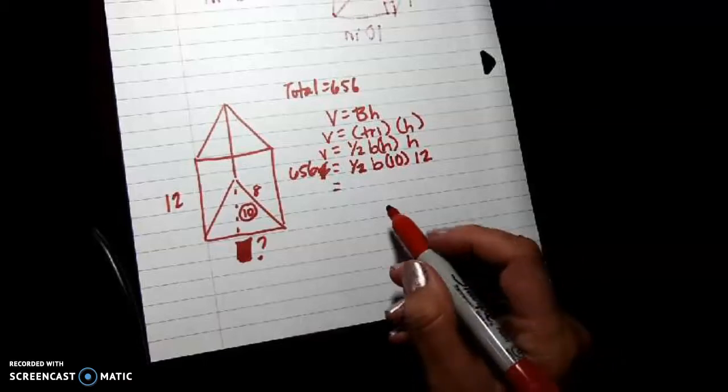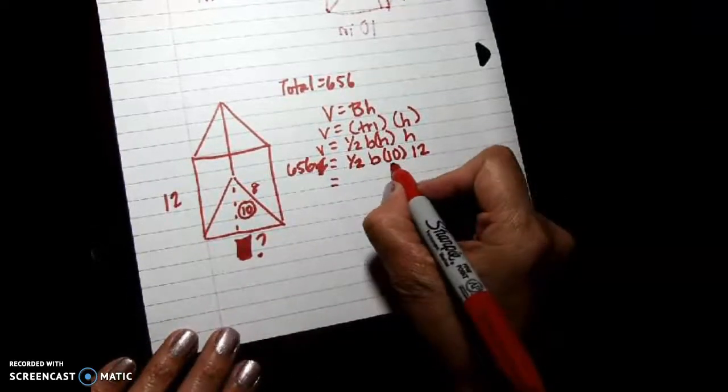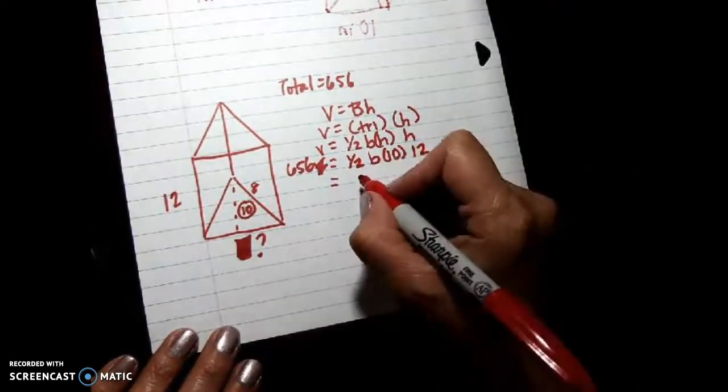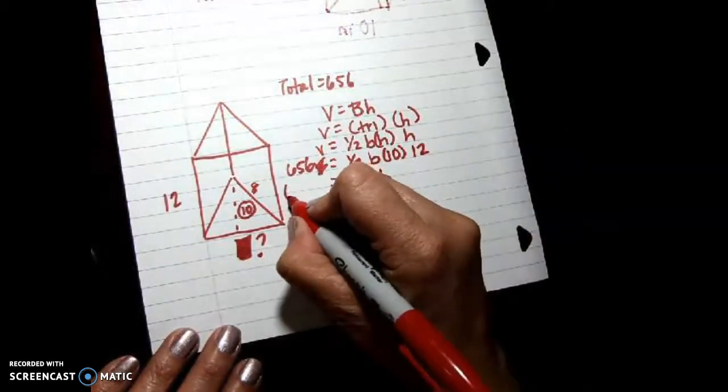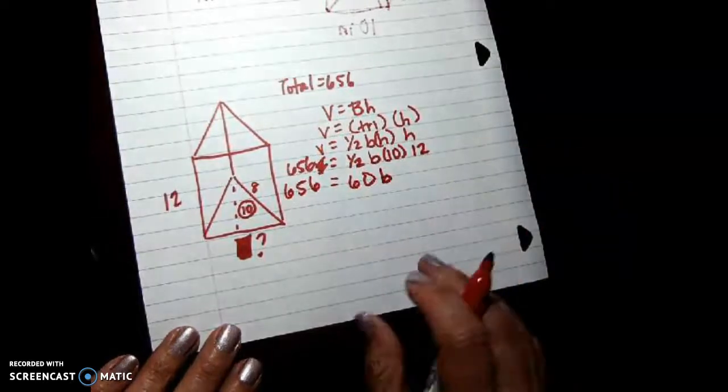Okay, so this ends up, so 10 times 12 divided by 2 is 60B. Bring the 656 down.